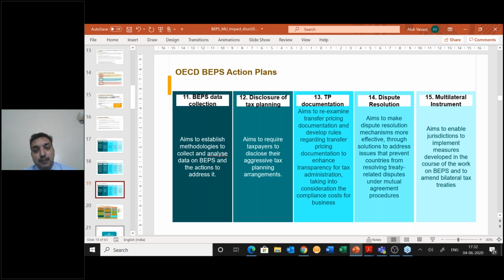And Action Plan 15 is the most important one, which actually is a very innovative way of bringing a change in all treaties almost simultaneously. So as you would know, these treaties are all bilateral treaties. And with this BEPS action report, which recommended several changes in tax treaties, for countries to go and bilaterally amend all those treaties would have been a Herculean task.